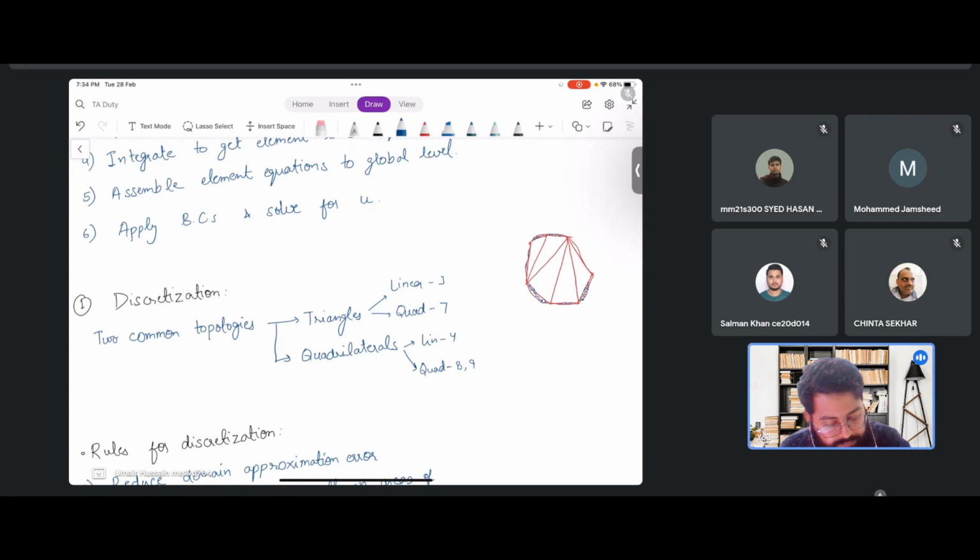So can someone tell me what kind of error is this called when we are approximating the geometry by these known shapes?